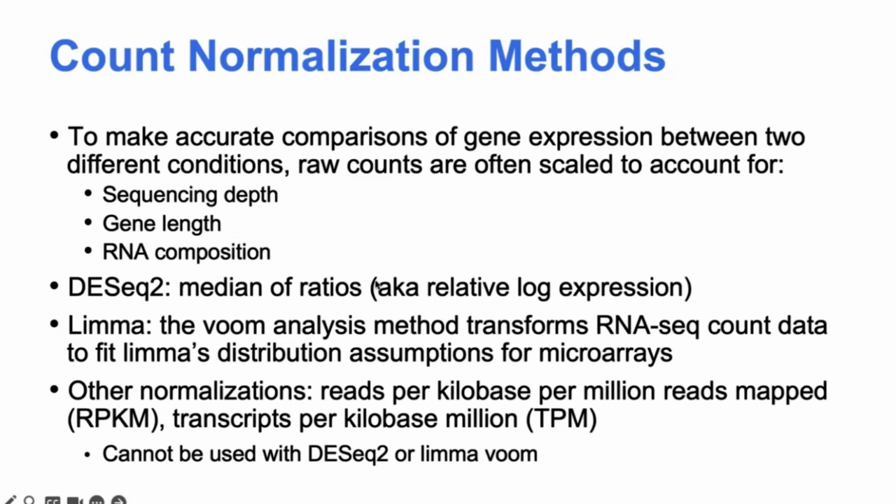Some other common normalizations you might see are reads per kilobase per million reads mapped, or RPKM, which has both library size and gene length normalization. And then TPM is another one. It's very similar to RPKM, just a difference in the order of operations.